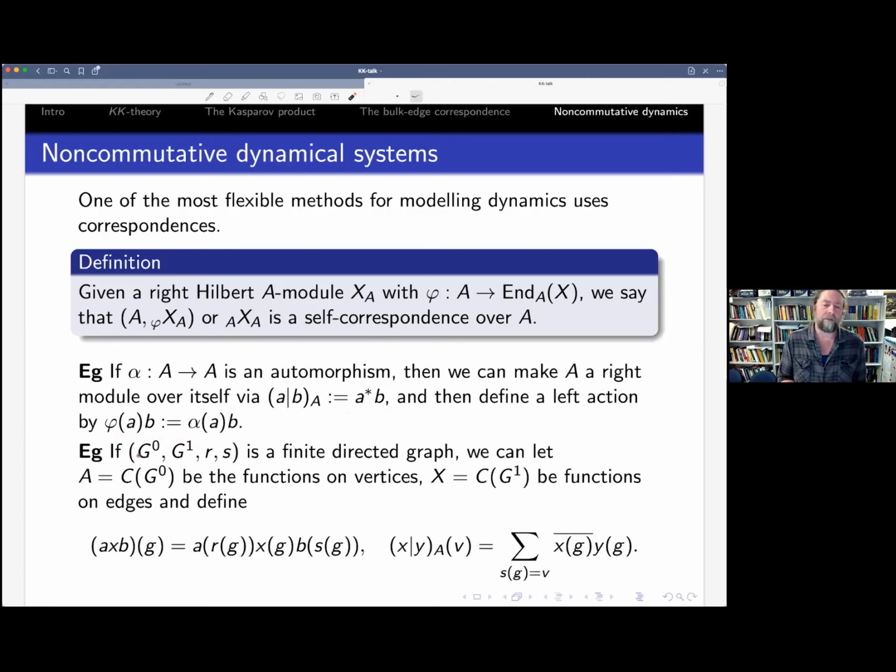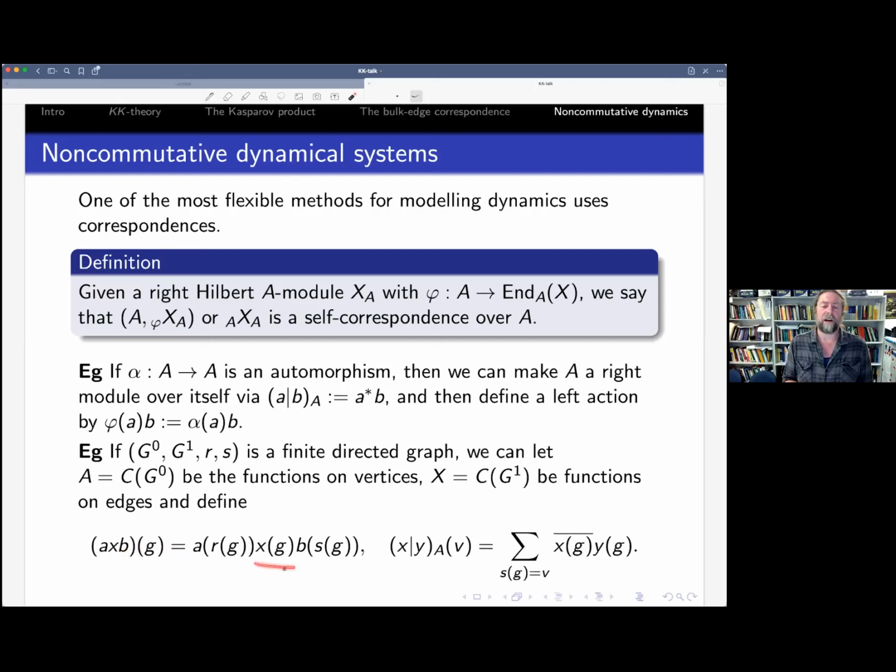If you have a finite directed graph, so these are vertices, directed edges, range map, source map for the edges, we can let the algebra be functions on the vertices and the module be functions on the edges, and given A and B in my algebra and X in my module and G an edge, I was running out of letters clearly, you can define the action this way.